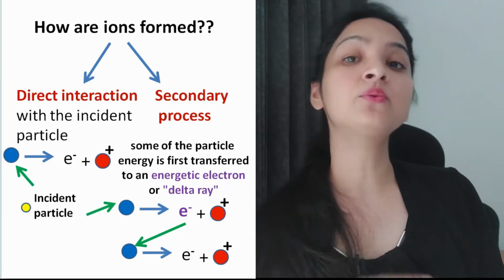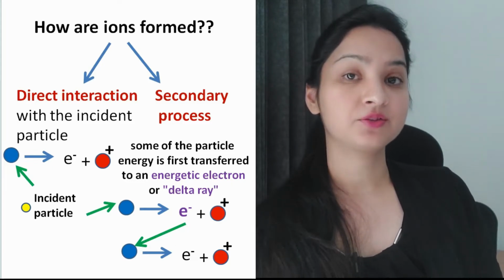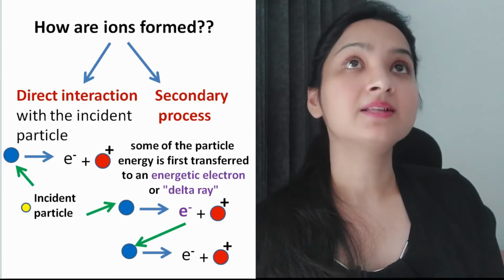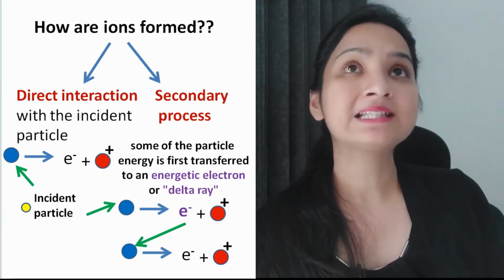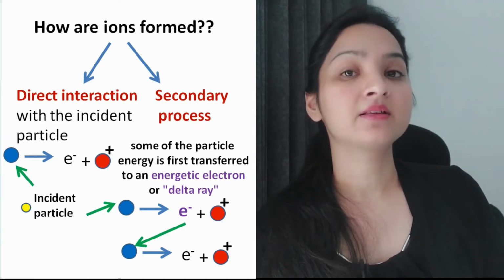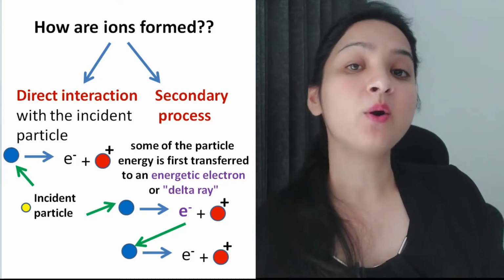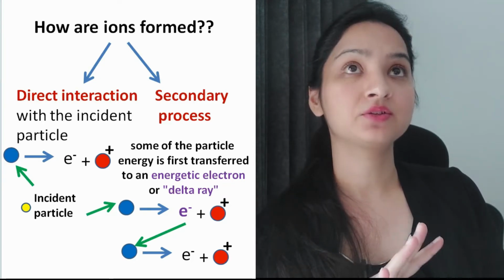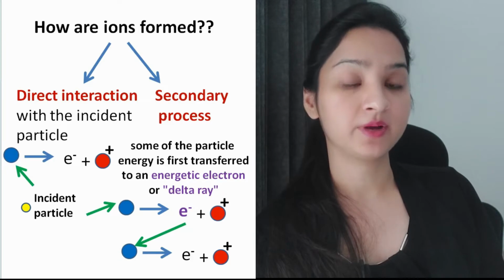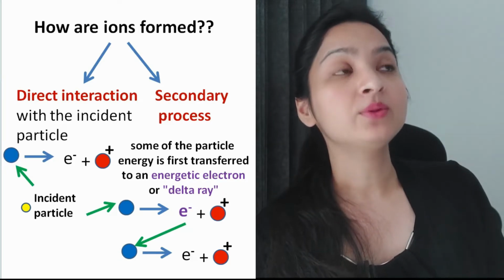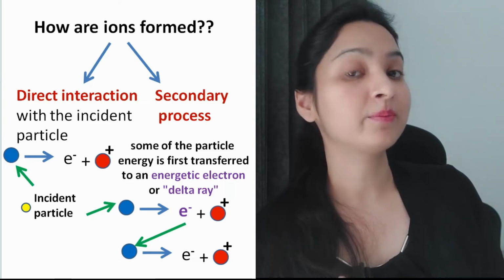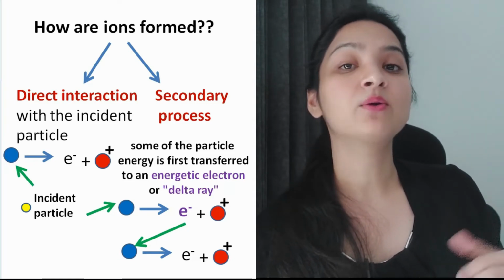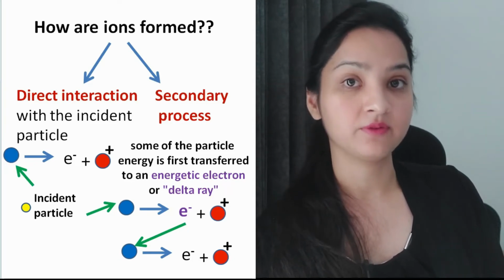This electron will cause further ionization of the gas and result in creation of new ion pairs. So instead of the direct ionization by the incident radiation particle, it's now the electron which was produced in the primary ionization that is causing further ionization of the gas.